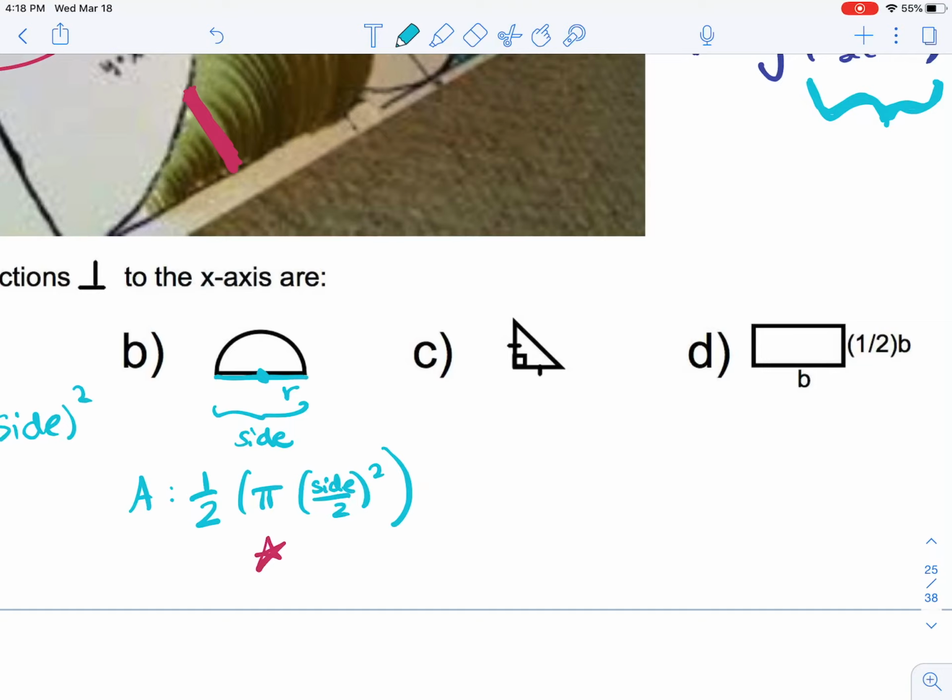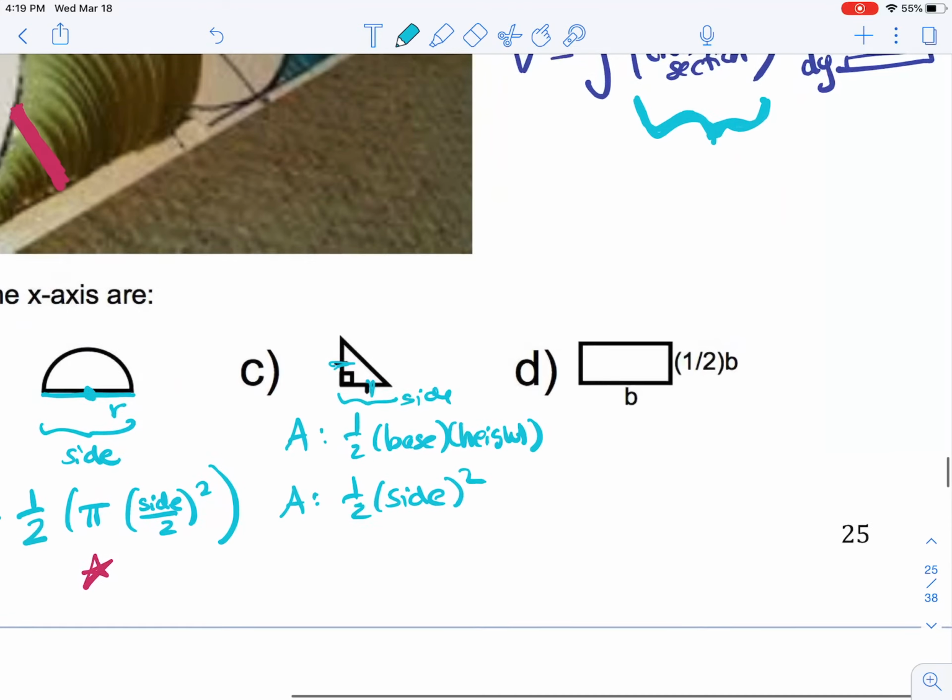That's important. Okay, if I go over here to this isosceles right triangle, you can see they're marked here that those are the same. That's nothing more than your area of a triangle, which is 1/2 base times height. If it's isosceles, and again, I'm calling this the side, then I'm going to think about that area as 1/2 side squared.